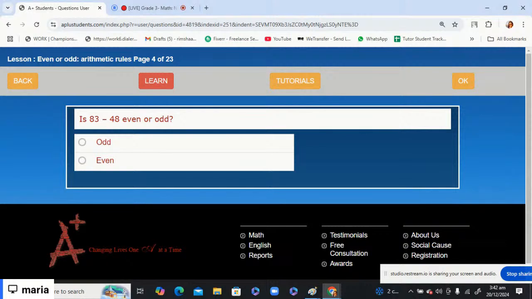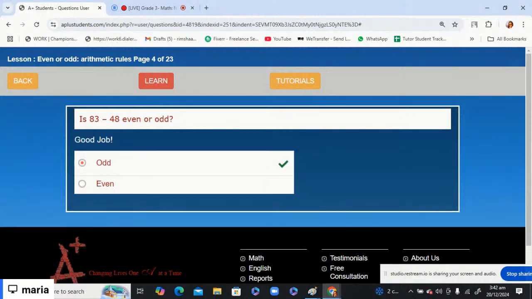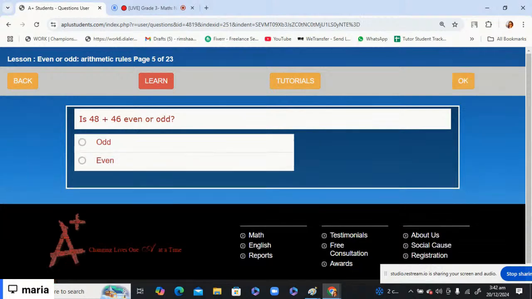And when you subtract odd from the even, then you get the answer odd. Someone says it's odd. Is it right? Is it odd or even? Hurry up, everyone, tell me in the chat. Alright, it's odd. Let's go with the odd and see the results. Yes, this is the right answer.